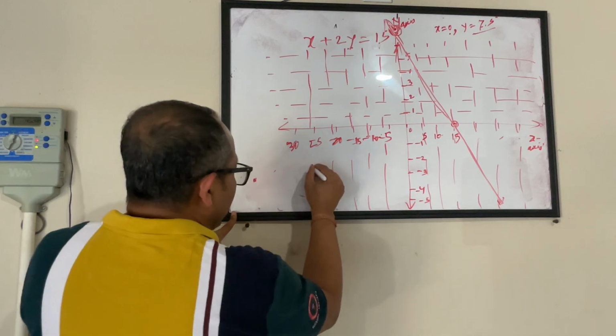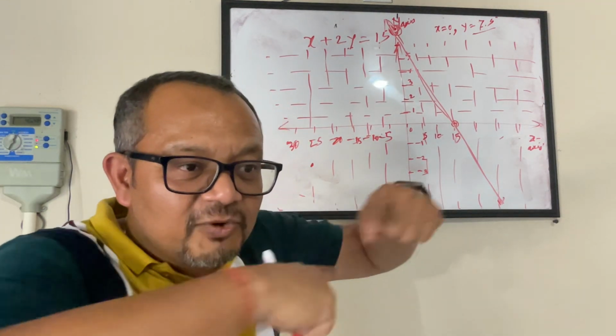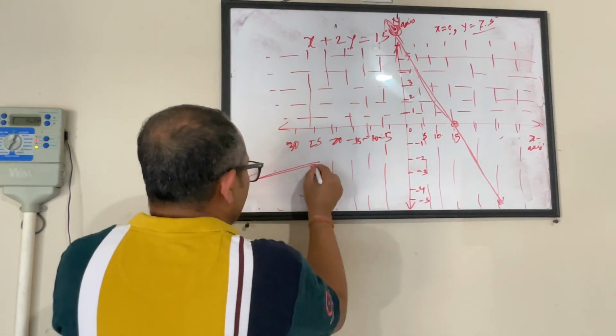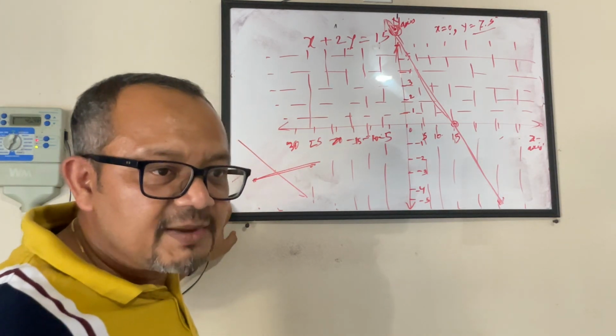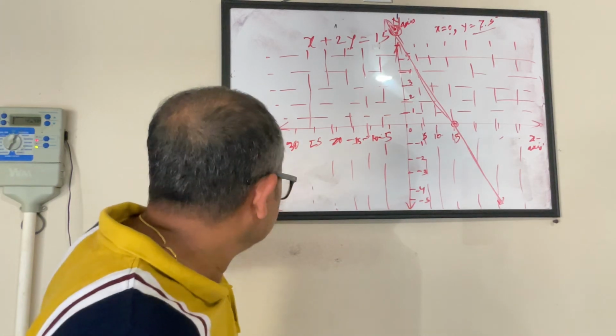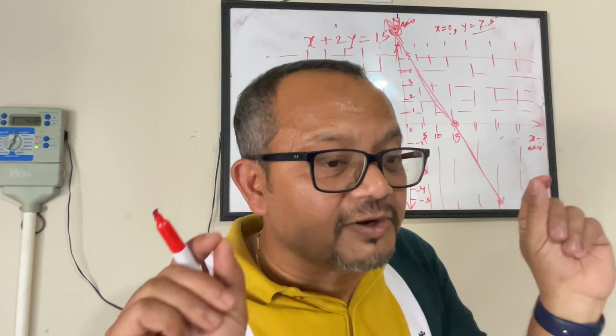If you have 2 points, then this line cannot change. It will have only one direction, from here to here. If you have these 2 points, you cannot have a line like this, because this line has to cross them. In simple terms, you need 2 points for drawing a line. Are you with me so far?